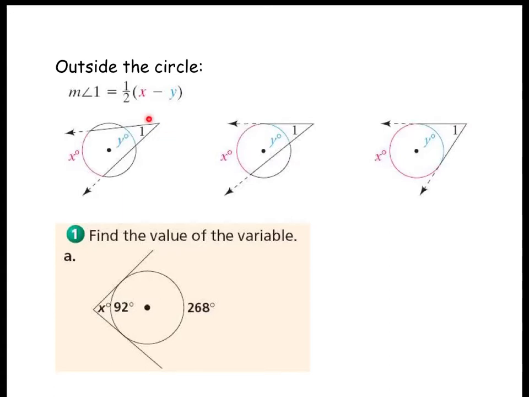The vertex is outside of the circle. So they all use the same formula. You take the x arc minus the y arc, the bigger arc minus the smaller arc, or you're going to end up with a negative answer. So the big arc minus the small arc, and you are cutting that difference in half. So let's do some examples.